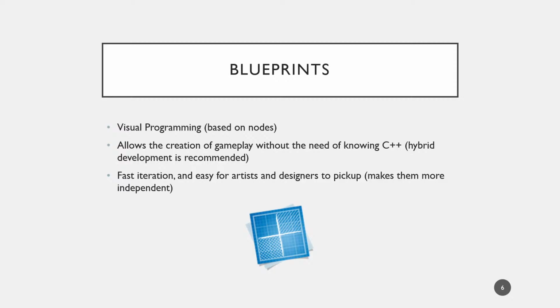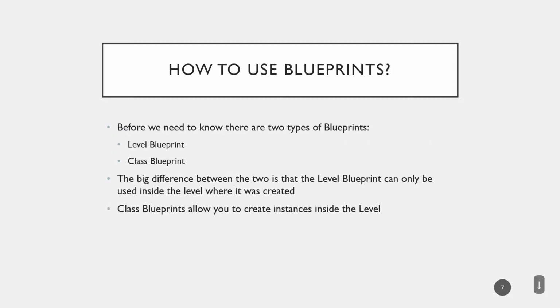So that becomes a real headache. In this case, Blueprint being a visual programming type of stuff, you don't really need that. You just need to know the names of the nodes and have a little logic and apply it in order for them to work easily.